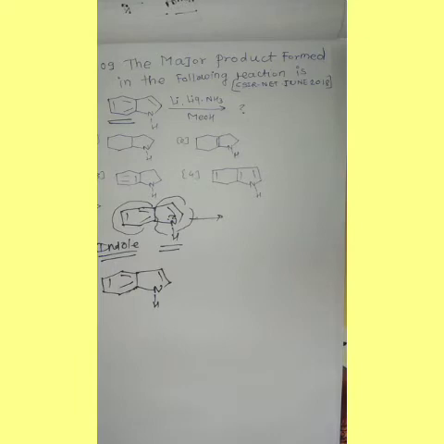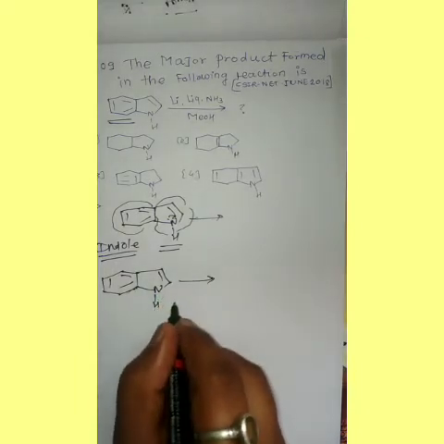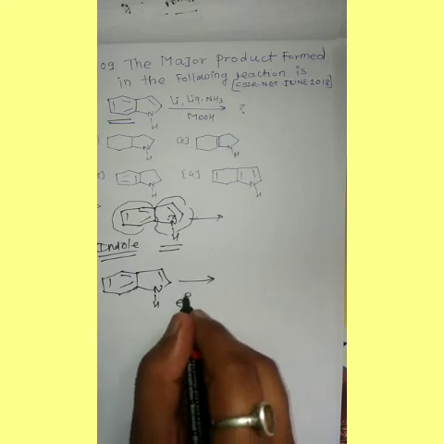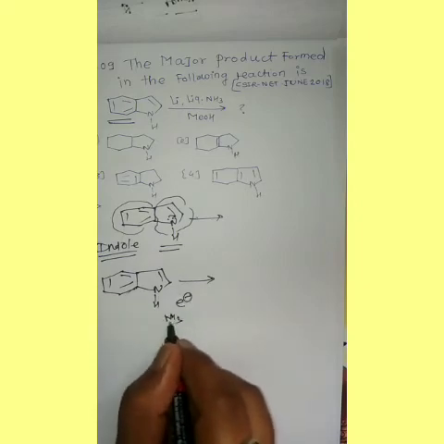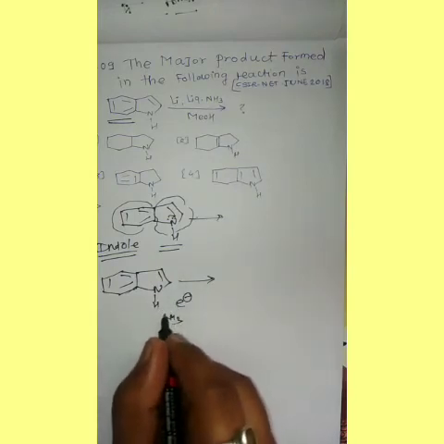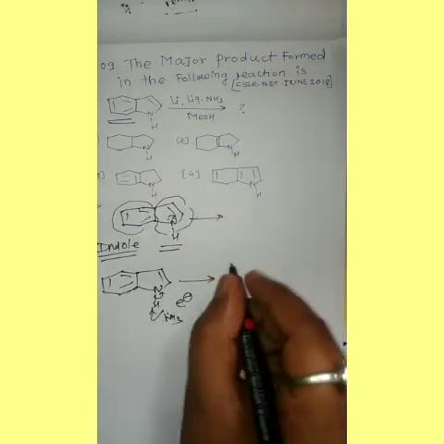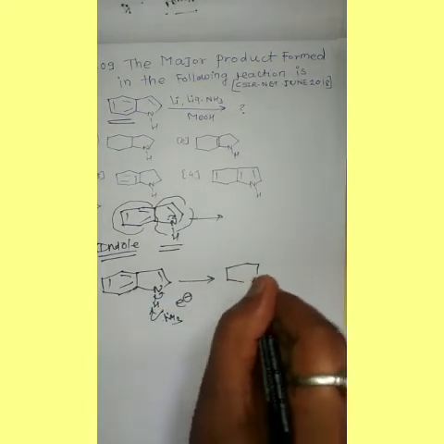Now in our solution, solvated electrons as well as liquid ammonia are present. Ammonia is basic enough to abstract these protons. Firstly, we get the first step product.